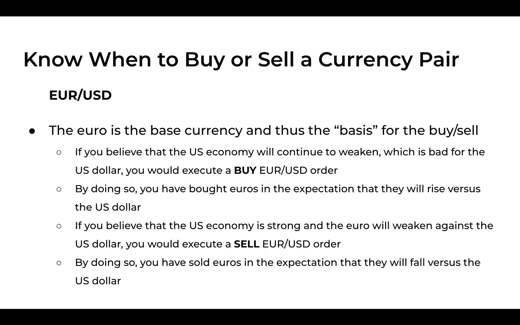So starting off, we have Euro USD. The euro is the base currency and thus the basis for the buy and sell. So just like in the last lesson, I wanted to provide these examples, again, provided by babypips.com. We'll leave the links to the pages for this video down in the description below, as we do for every video. But we went over in the last lesson that there is the base currency, which is the first one in the pair, and there's the quote currency, which is the second one in the pair.